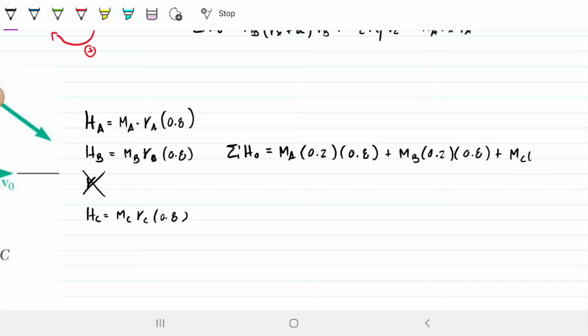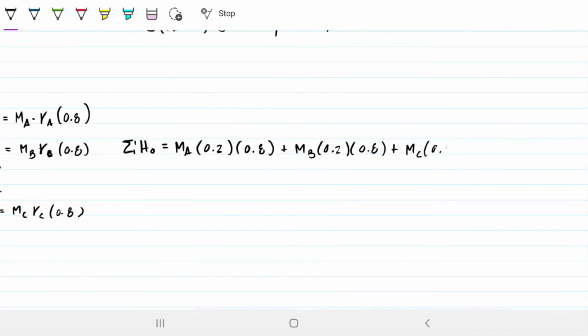And then mass of C, 0.2 meters and velocity 0.8. The masses are all the same, so this is just 3 times the mass times the 0.2, which is the distance r, times the 0.8, which is the velocity. So as simple as that, right? So 0.48. So this is just 0.48 times the mass of one of the spheres.